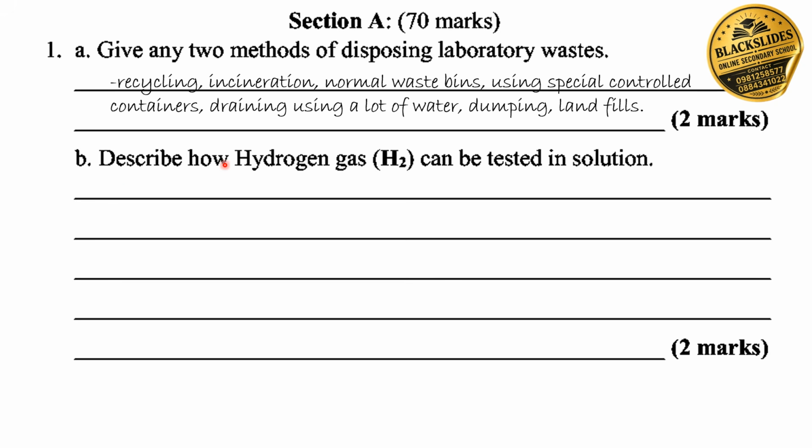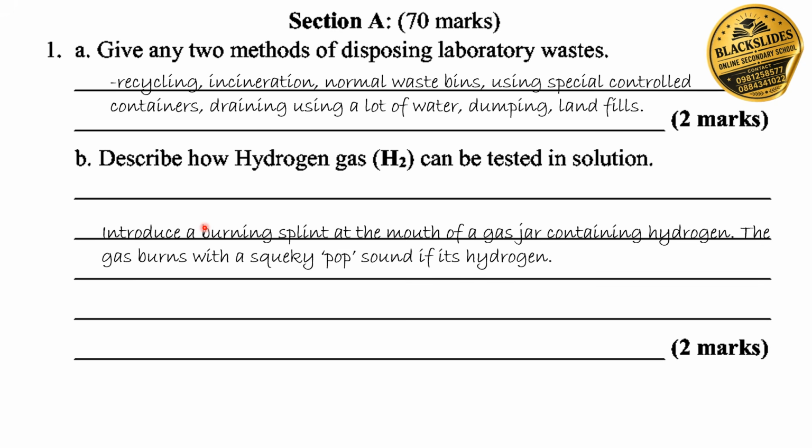So describe how you can test for hydrogen gas. In order to test for hydrogen gas, you introduce a burning splint. A burning splint is like a stick, like a matchstick, which is burning. Bring it over the mouth of the gas jar containing the gas. The gas is going to burn with a squeaky pop sound if it's hydrogen.